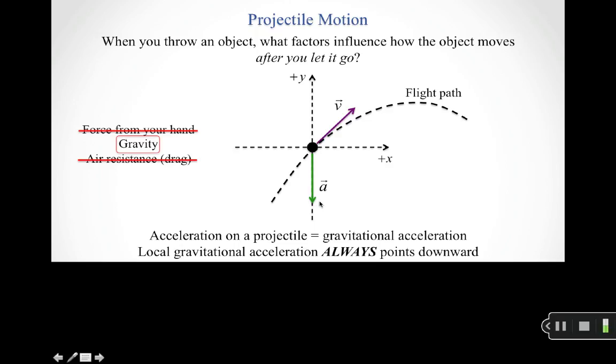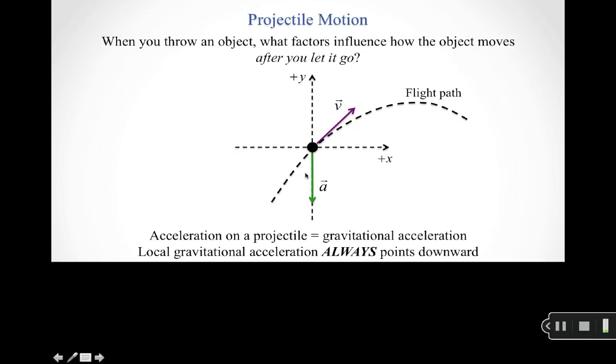It clearly just points straight down. So notice I've got a coordinate system, and I happen to have made a choice of coordinate system where I'm letting x be horizontal and y be vertical. In this case, I've chosen positive y to be up, though again, we'll talk in a second about how I don't necessarily need to make that choice.